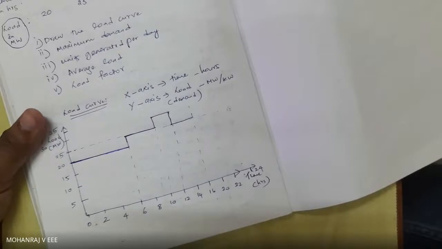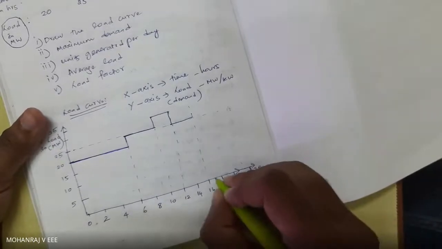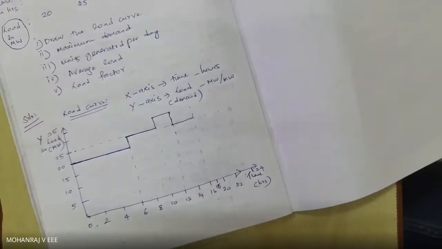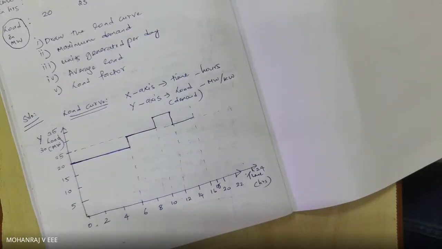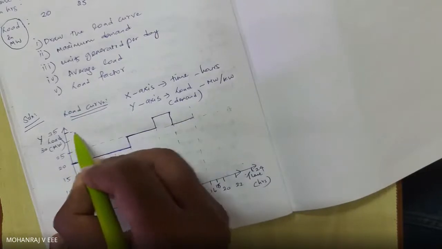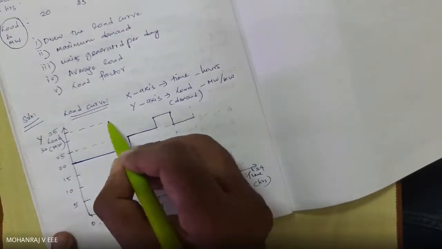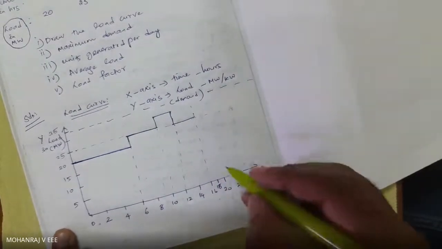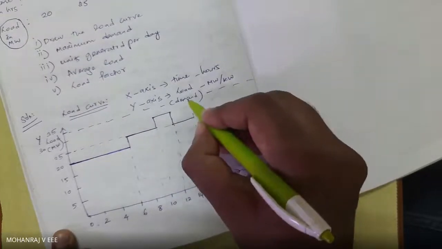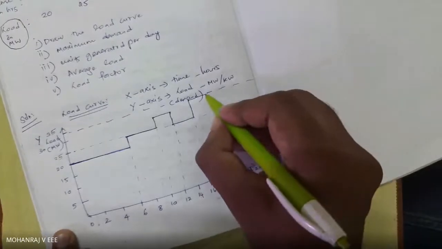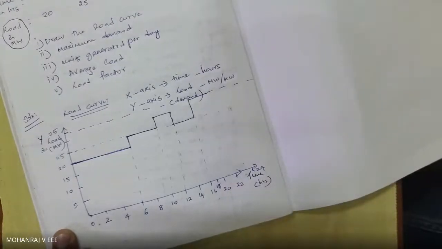Say this is 18. 16 to 20 hours, it is 35. So I have my 35 here.